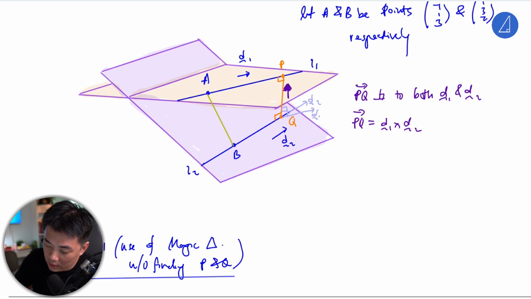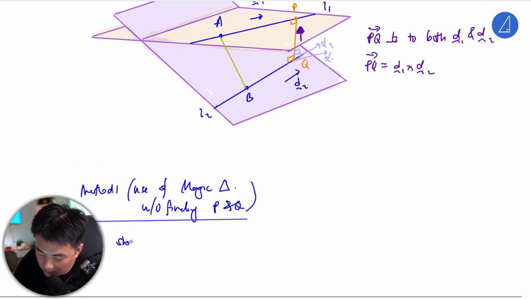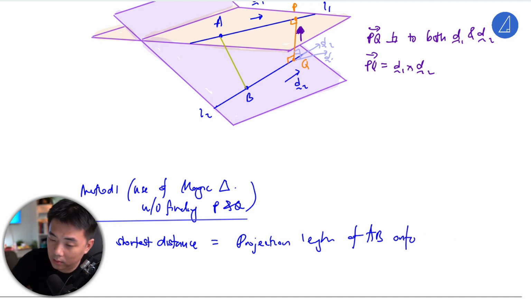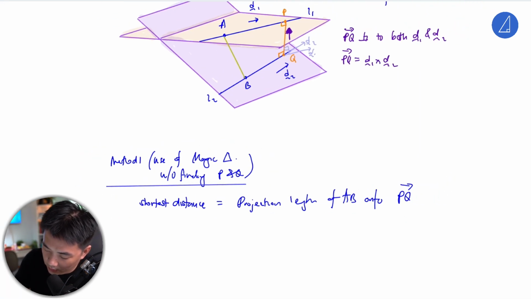So you think about it: the shortest distance would just be the projection length of AB onto PQ. So this is not an issue. What we can do is take AB and PQ. This is AB.